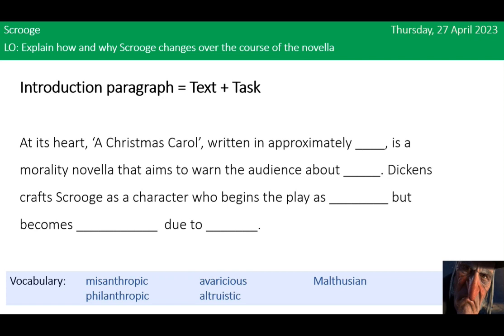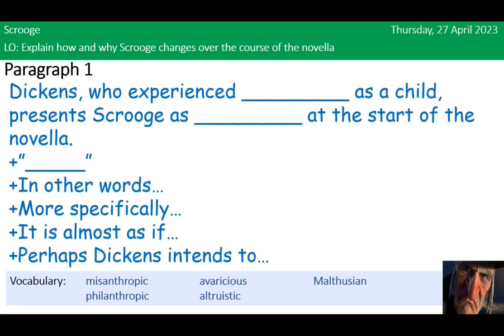Dickens crafts Scrooge as a character who begins the play as, how does he begin the play, but becomes, how does he finish the play? You can use two of the key words from the beginning of the lesson, due to, what is it that makes him change? Something comes along, makes him change. Okay, so that is your introduction that you can literally use for your Christmas Carol exam.